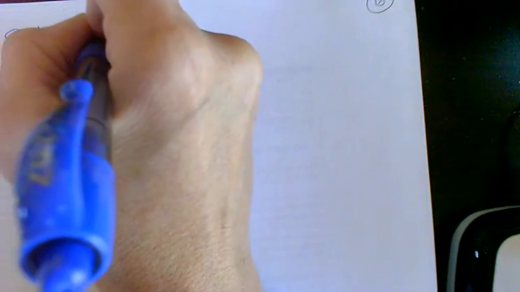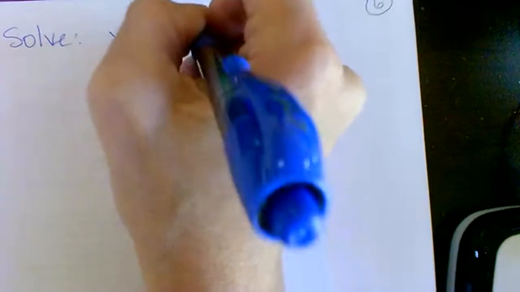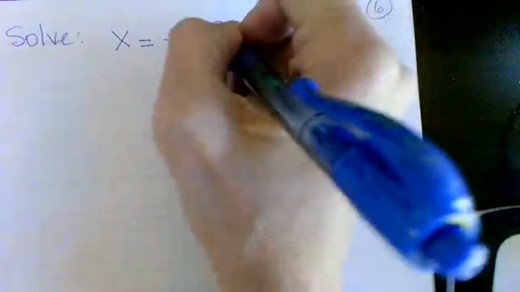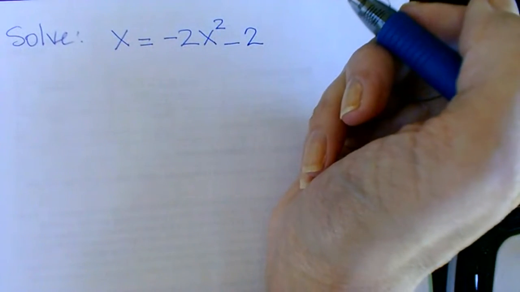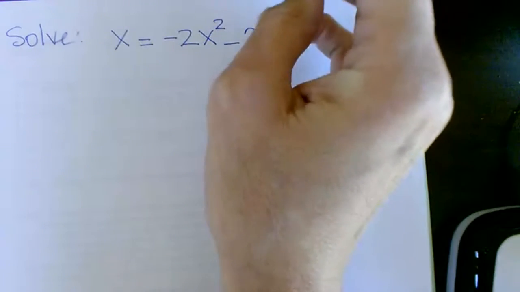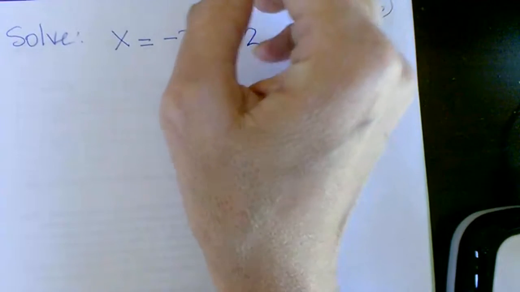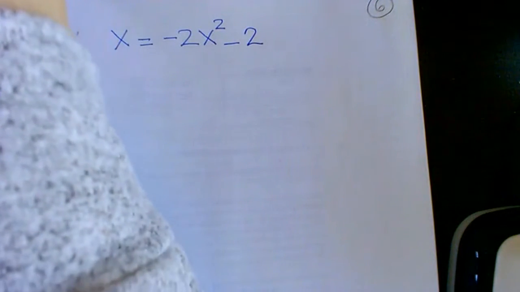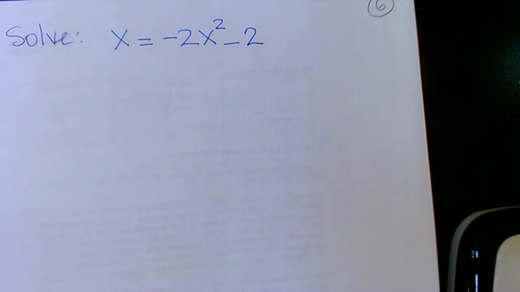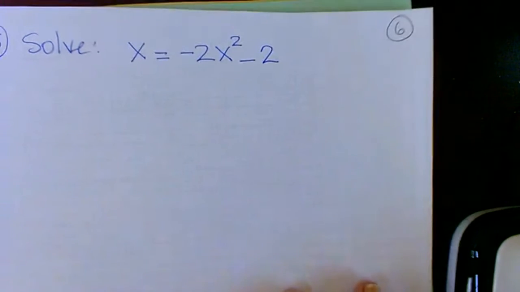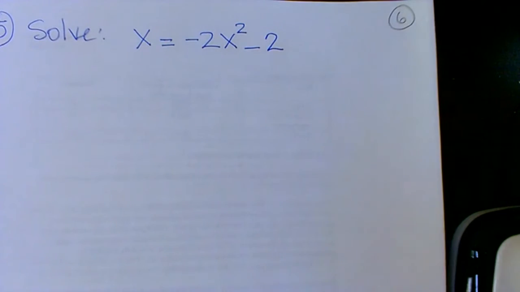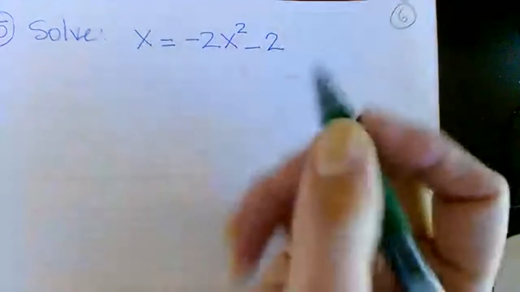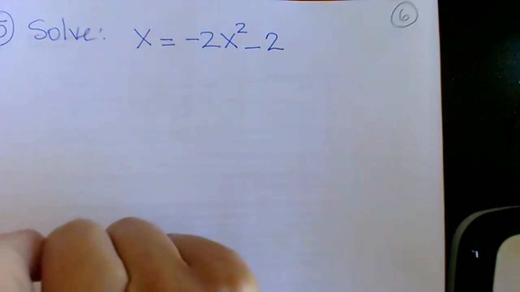We have x equal to negative 2x squared minus 2. So what do I need to do there? We move everything to this side, right?